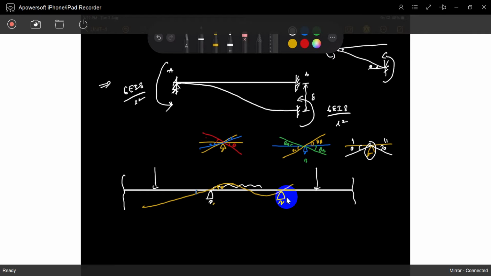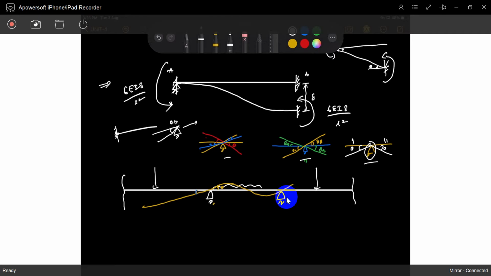So at any intermediate support, it experiences a slope, but it should be constant from one span to another span. At the end, maybe it's a fixed joint, so the slope is zero. Maybe it's a hinge joint, and it experiences some theta, since there is no other span at the end joints.